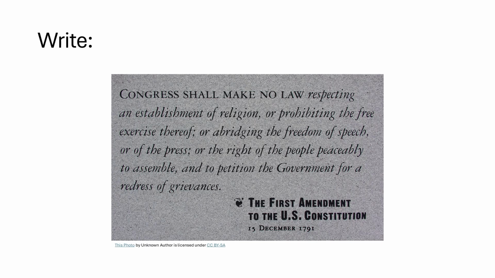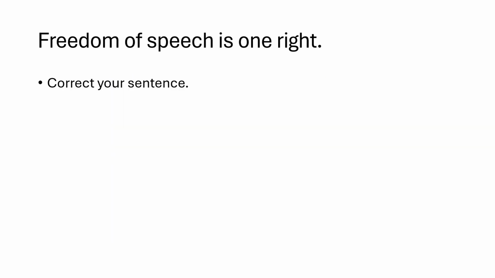Write that out on your practice sheet. Freedom of speech is one right. If you're ready, go ahead and correct your work. If yours doesn't match what you wrote down, then make the corrections so that the next time you can remember.